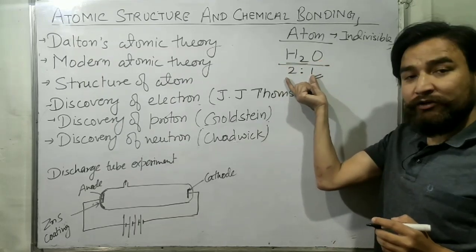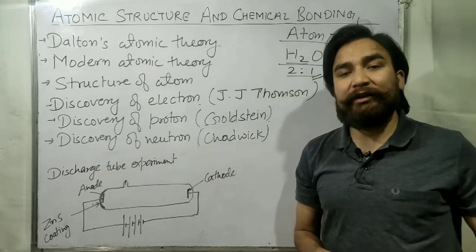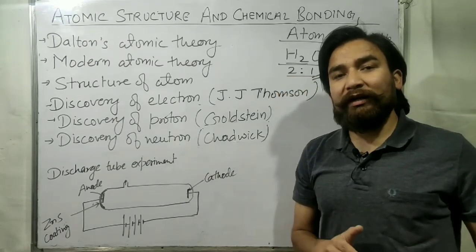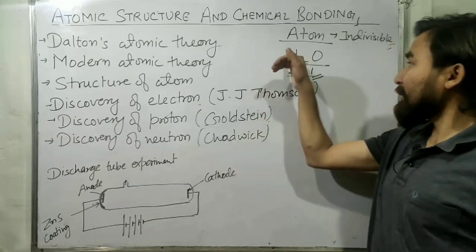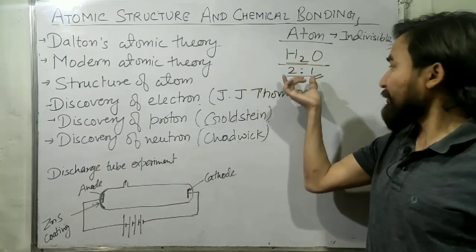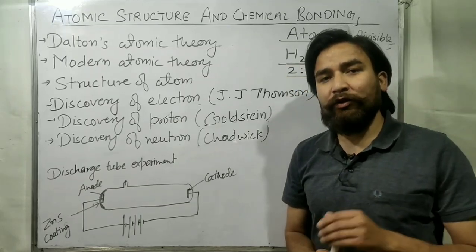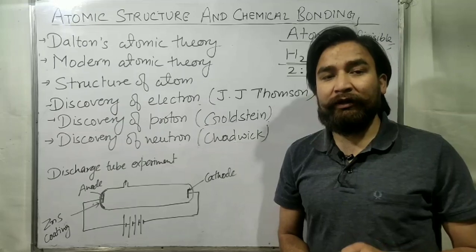So the ratio is 2:1. So this is a simple whole number ratio. So according to Dalton's atomic theory, when the atoms of different elements combine together to form a molecule, they do so in a simple whole number ratio. Hope you have understood this point.